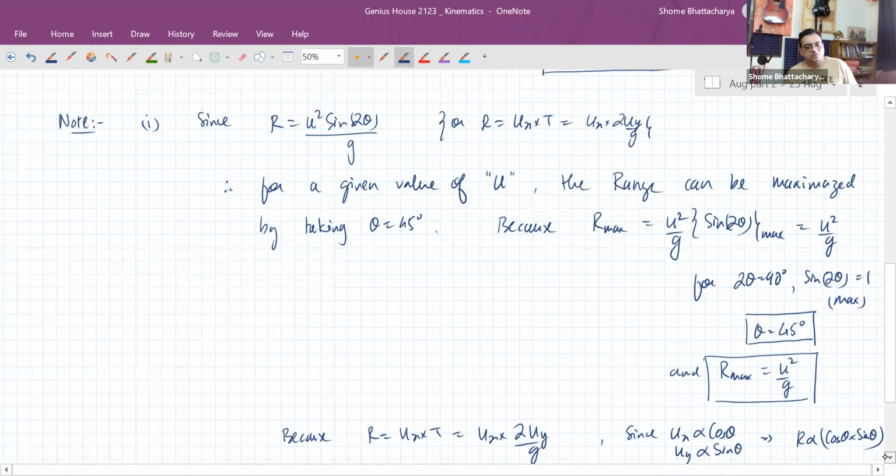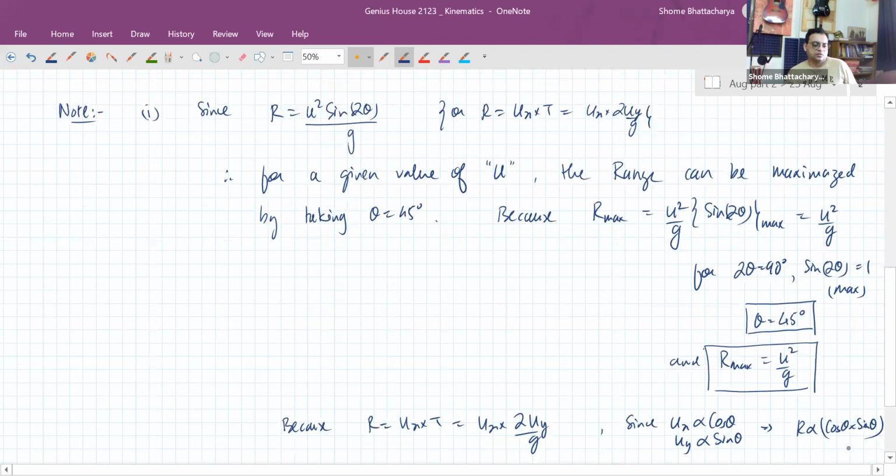So the range is maximum for that situation. The product of sin and cos is proportional to sin 2 theta. So this is one important special aspect of projectile motion to keep in mind.